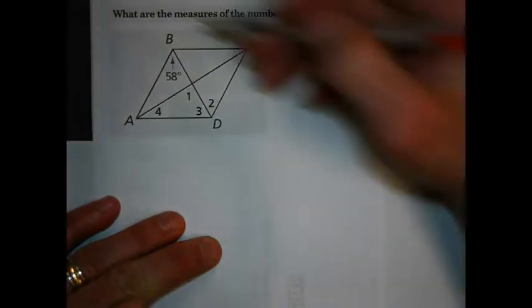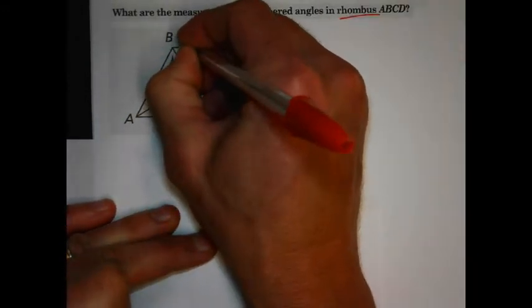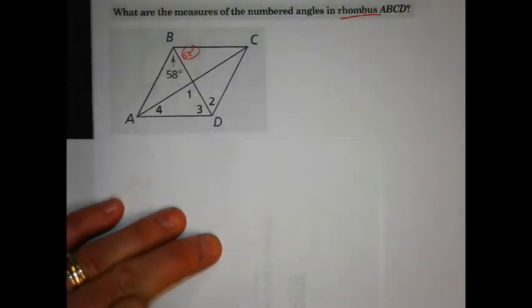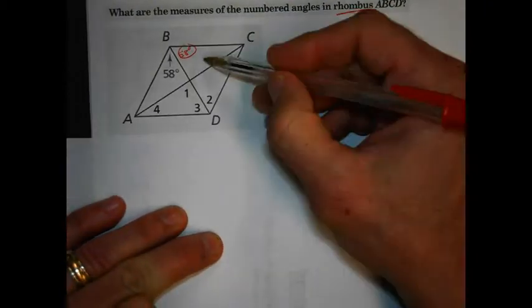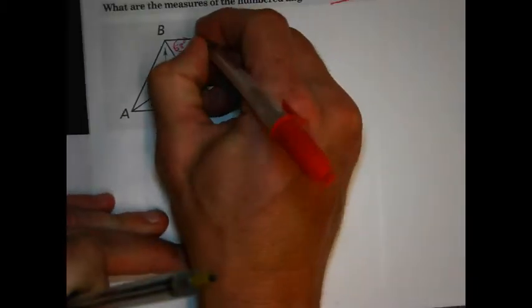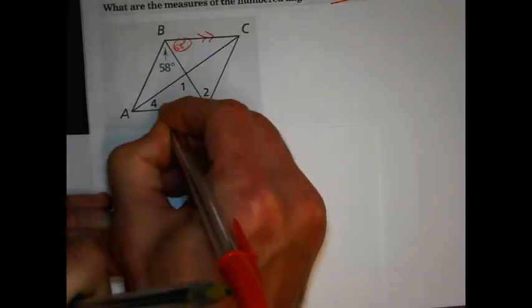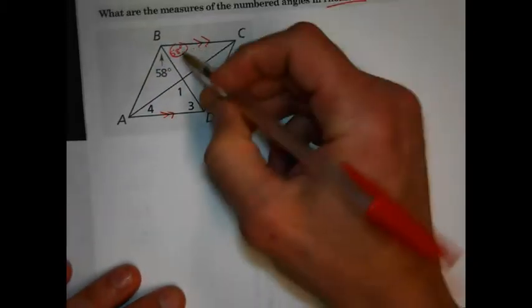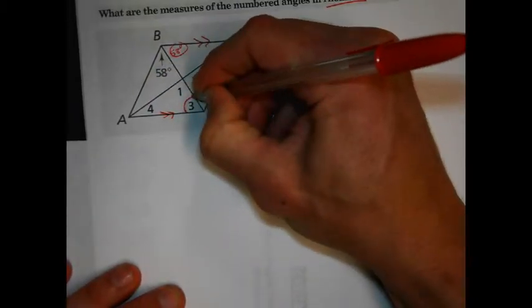So if this is 58 here, because it's a rhombus, this is 58 here. And because we know that, guess what's going on? Since it's a rhombus, which is a parallelogram, BC and AD are parallel, which means we have alternate interior angles that are congruent, right?